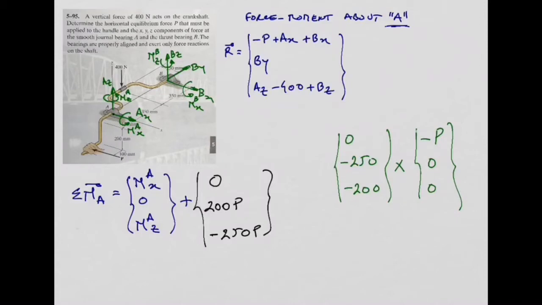You are asking about the z component, right? So for the z component, you want this component, so you need to do this cross product. 0 times 0, minus 250 times minus p. So this ends up being minus 250p. Okay?